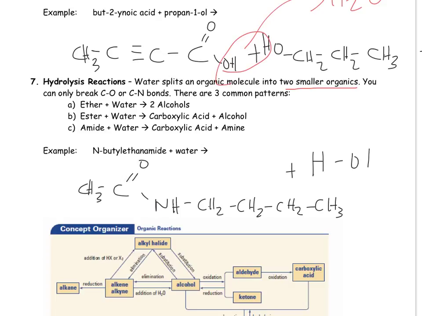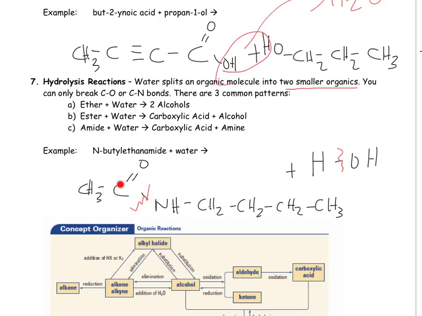Again, we represent water as an H bond OH. What's going to happen is the water is going to be broken apart. And the H is going to go on one molecule, and the OH is going to go on the other. Now, it's important to know that when you're hydrolyzing an amide, it's always this bond right here that gets broken to create your two organics.